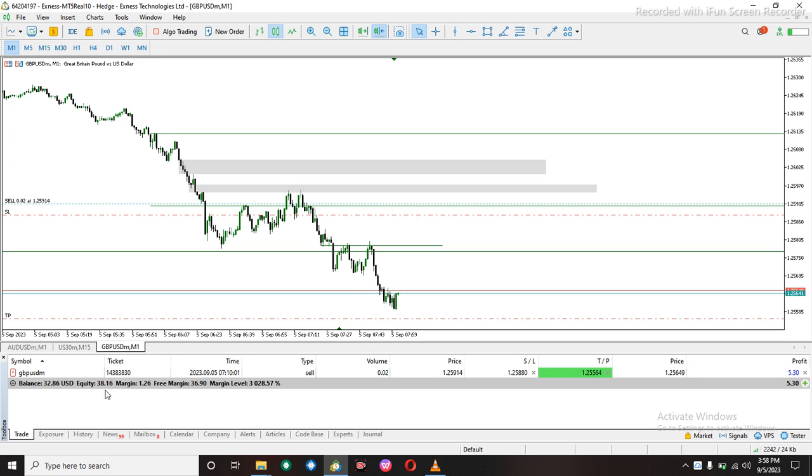Now, remember when we were talking about margin, I told you guys about equity, and equity is what displays after you close this trade. If I decide to close this trade right now and right here, this equity that is showing here is what will show in my real balance. Now, this is the margin.